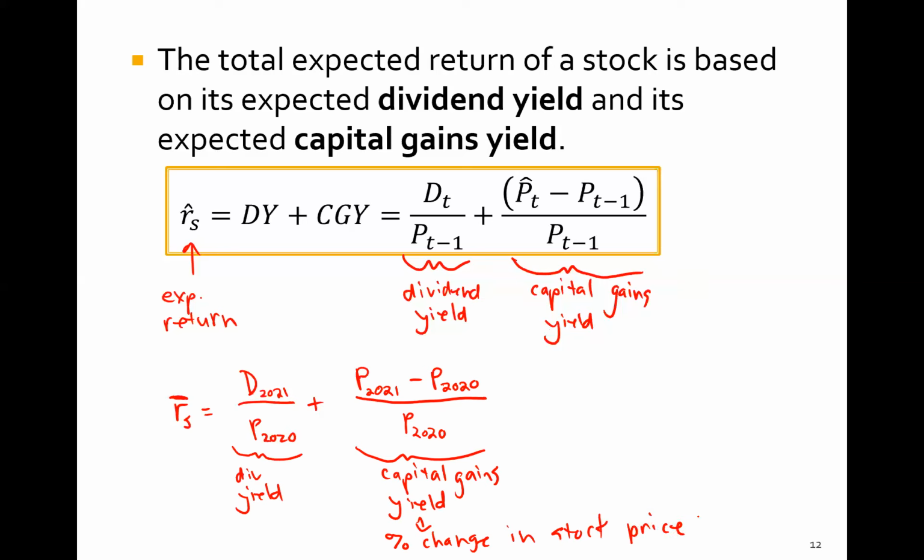That's the percent change in wealth that you would earn if there's no dividend. So that's basically the two ways that you earn return on stock: either through receiving dividends, or through the company's price changing, or both.